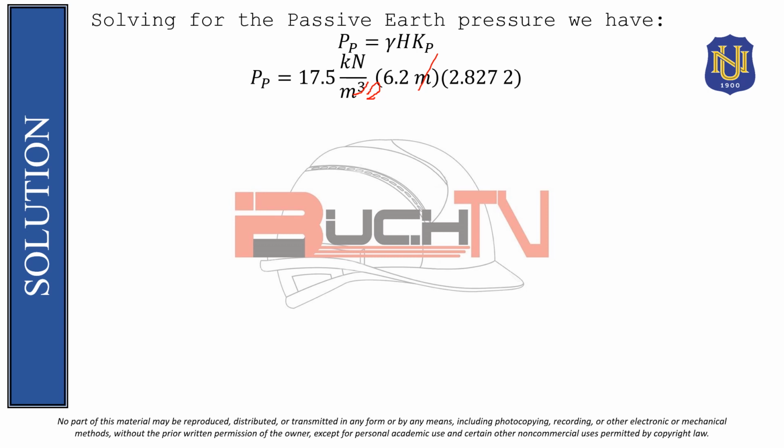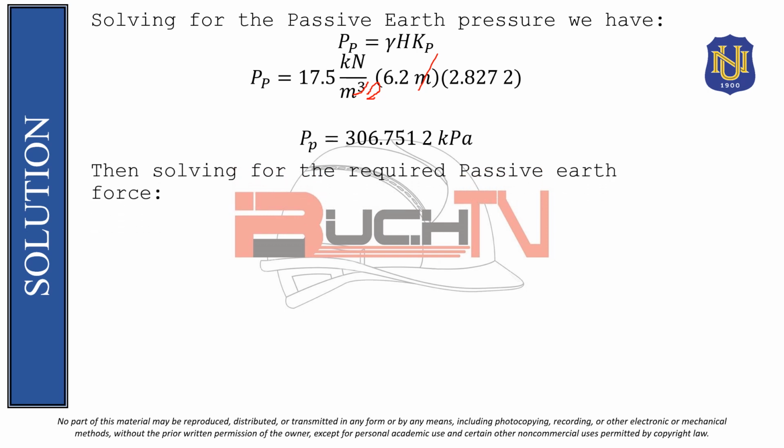Ito magiging meter. So, ang resulting value natin will have a unit of kilopascal. So, that will be P sub P, or the passive earth pressure, equivalent to 306.7512 kilopascal.